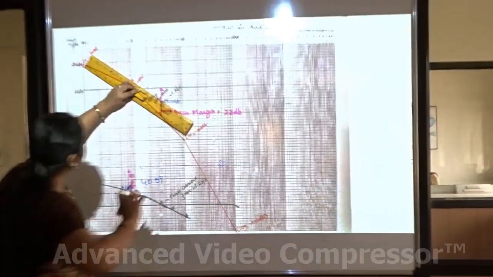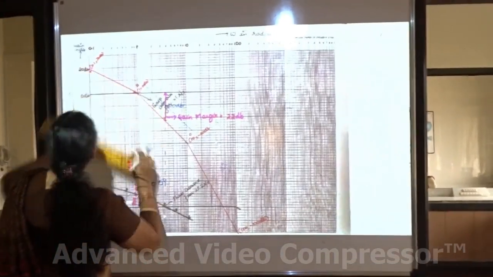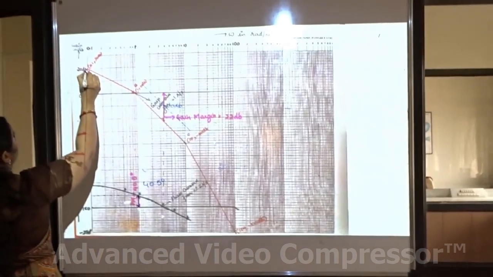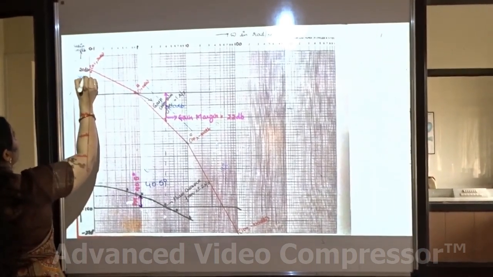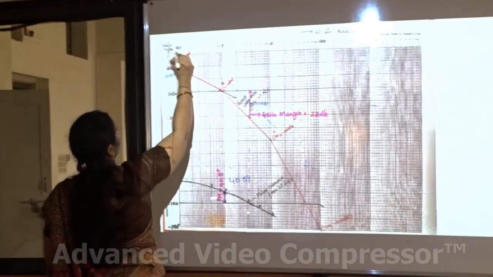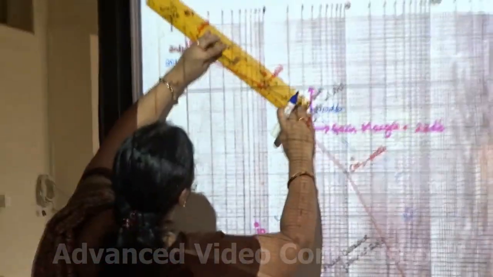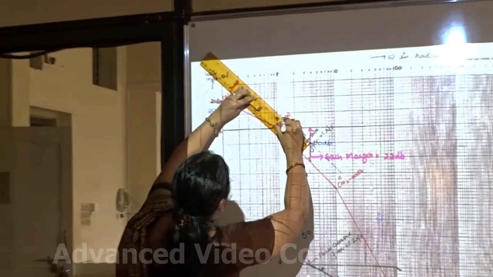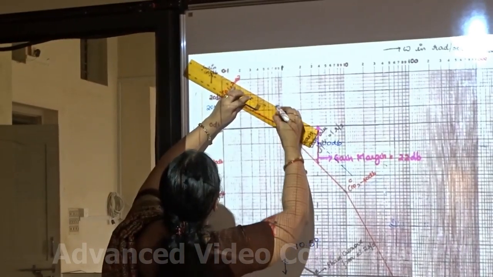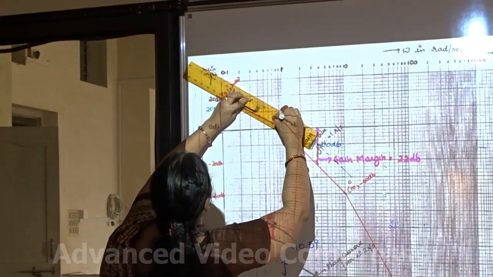How? See, this is like this. Okay, if this is 20, plus 12 is how much? 32. This is 30, 32 will be here. Something like this I have to completely write. Shift this up.